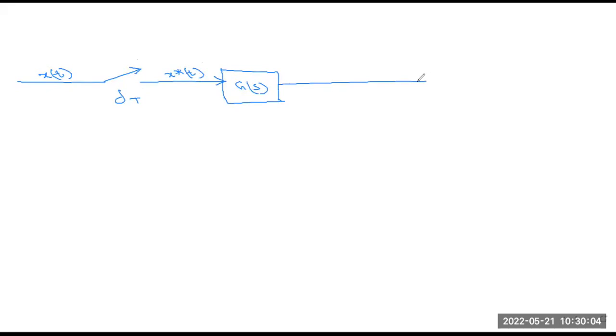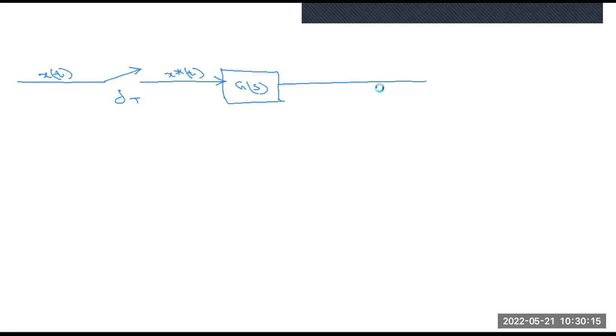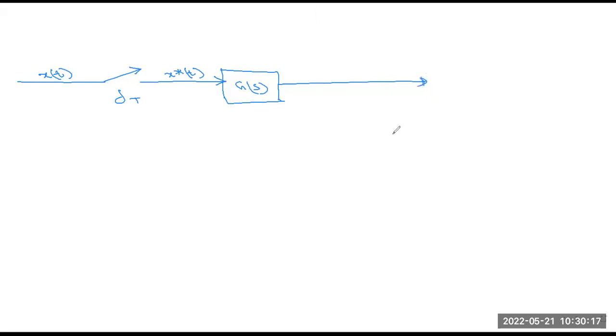This is the continuous output signal y(t).